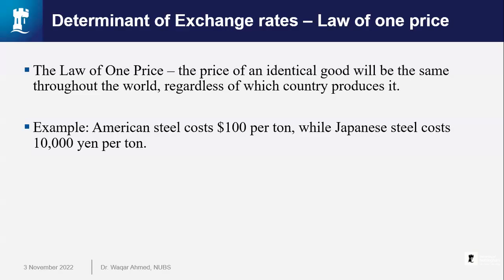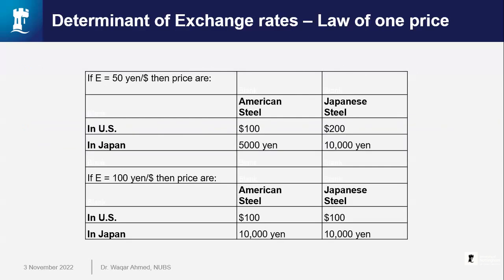Right, okay, so given this information, we can work out what should be the exchange rate between yen and dollar, right? According to the law of one price, 1 ton should cost the same in America and in Japan.